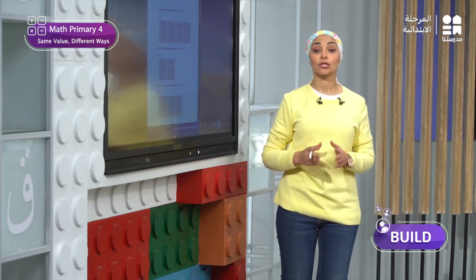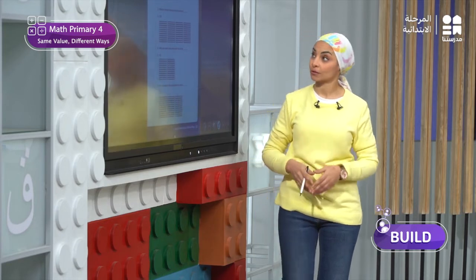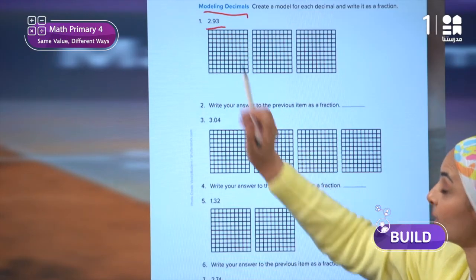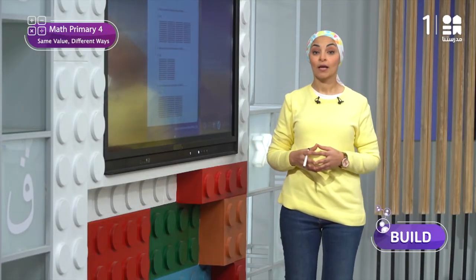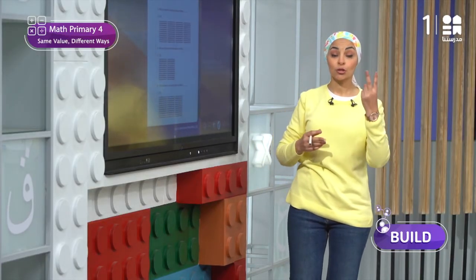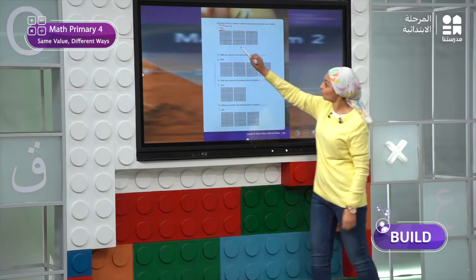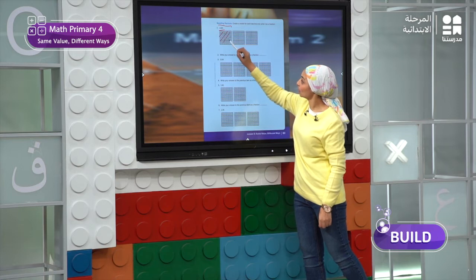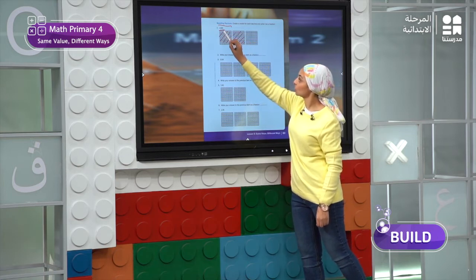Here الديسيمال is 2.93 أو 2 and 93 hundredths. Right? زي ما احنا شايفين كده here is the decimal number. طيب يبقى أنا المفروض أعمل شيدنج لإيه؟ قبل الديسيمال بوينت 2 ده معناه إن أنا عندي 2 whole squares, right؟ يبقى I will shade 2 whole squares like this. ده represent ال 2 whole.